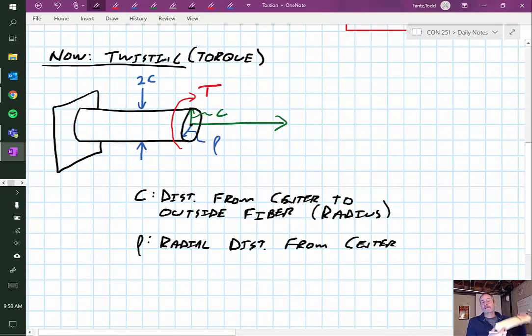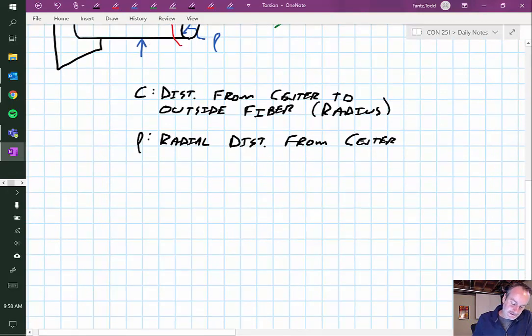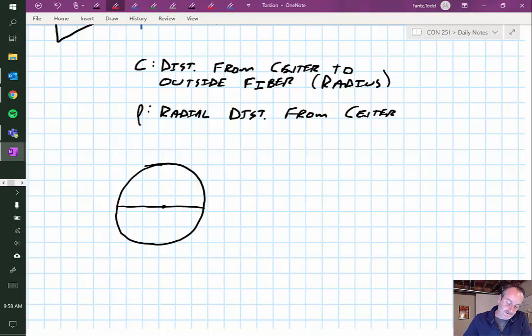So what happens as far as when I'm twisting this thing, as far as my stresses, if I were to draw a section right through here, since we've always been looking at what's going on through a cross section, what I end up with is something like this. And you can probably imagine on the two sides I have stresses that are going equal and opposite direction.